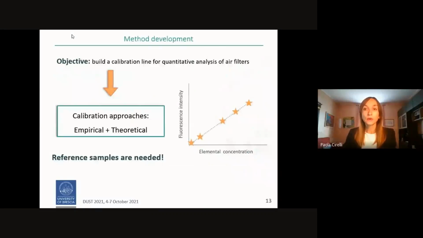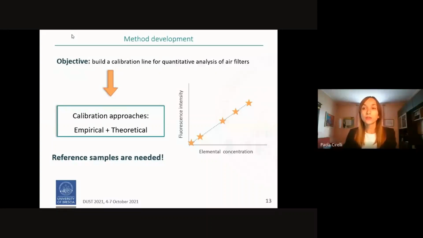Reference samples were used to build a calibration line that can then be used for the quantification of real air filters. Calibration lines can be built applying an empirical approach or a theoretical approach. The empirical one consists in establishing a direct relationship between the known concentration of an element and the detected fluorescence intensity.